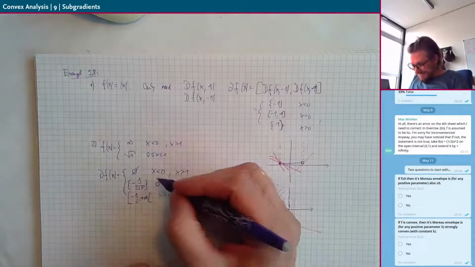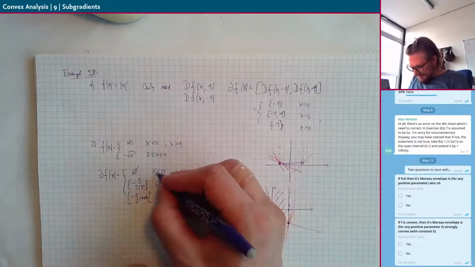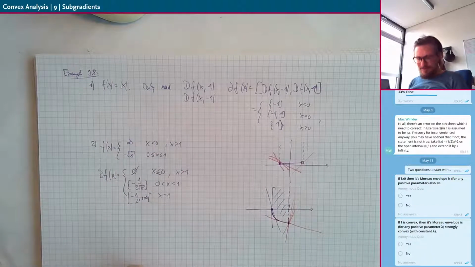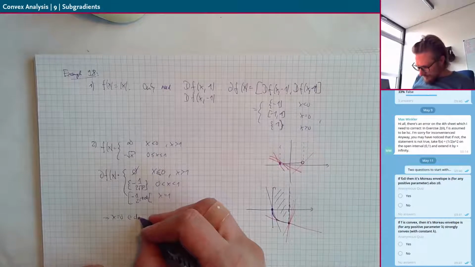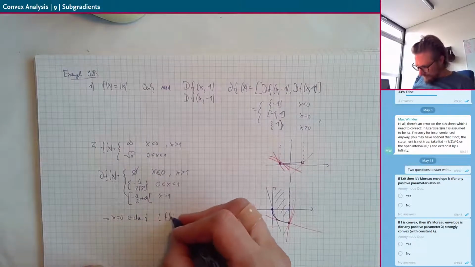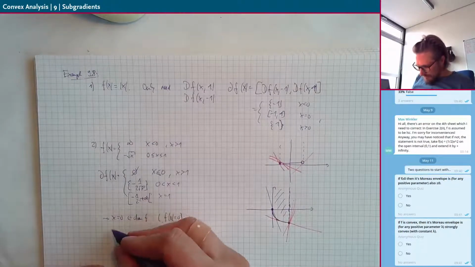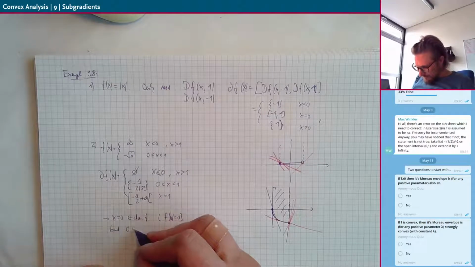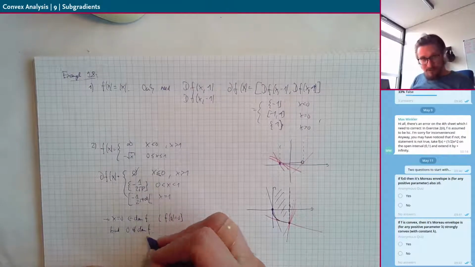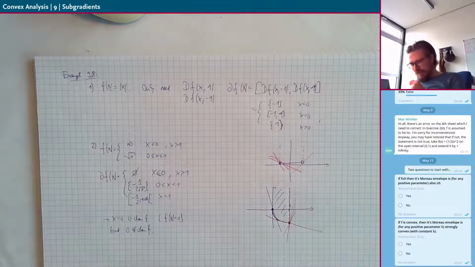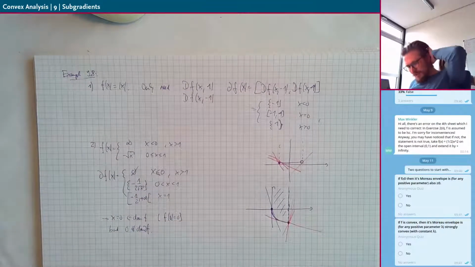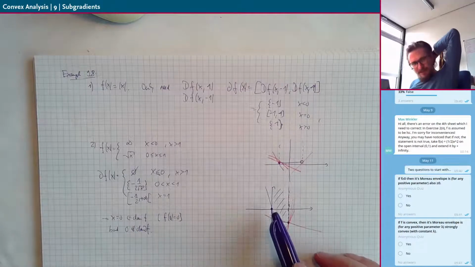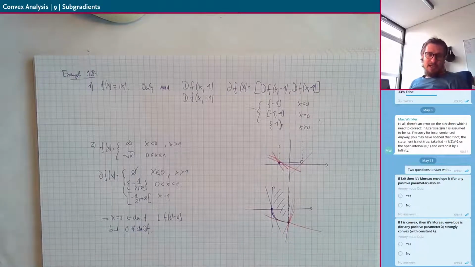So x equals 0 is in the domain of f. Of course, f of 0 is 0 and not infinity, but 0 is not in the domain of the subgradient. So you have a convex function with a finite value at some point, but still no subgradient.